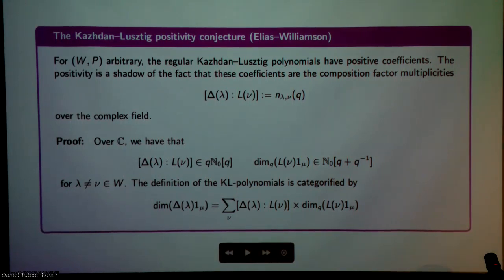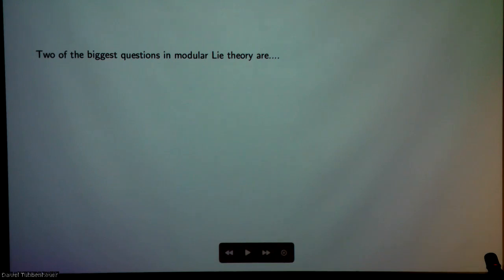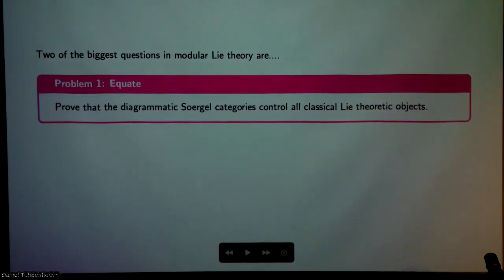Cool. So Hecke categories have already done something for us in this talk, which is good. It's halfway through. So two of the biggest questions in modular Lie theory therefore become, in some sense, one, Hecke categories, we think they're cool. We saw them do something cool already.